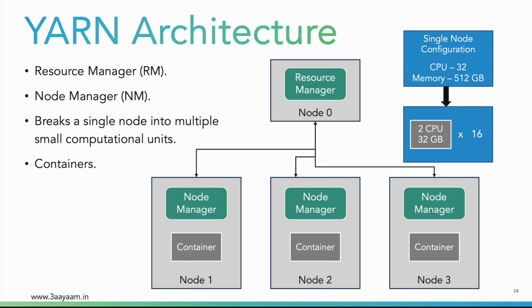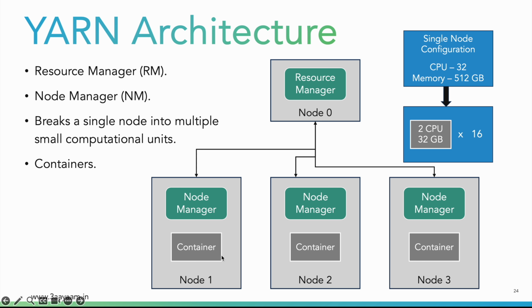So these containers would be created in all the different compute nodes that we have. They will not be there in the primary node, only in the compute nodes, because the application code or the distributed processing code that we want to execute, either MapReduce or Spark, would be executed in the compute nodes, not in the primary node or master node.